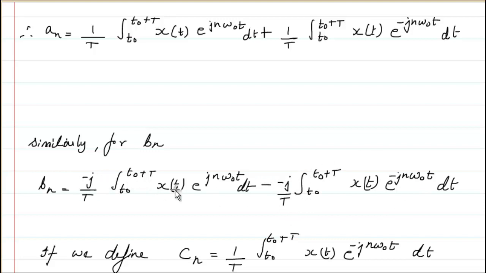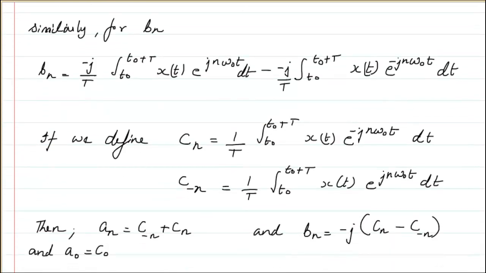So I can take minus j outside, and I will get c of minus n and c of n. If I write it here, there is a small mistake. If I take minus inside, it should come like this: c of n minus c of minus n.